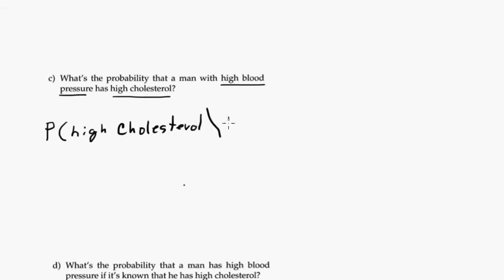Alright, let's look at part C. What's the probability that a man with high blood pressure has high cholesterol? Here you have to interpret this as a conditional probability. We want to know the probability of high cholesterol given that the person has high blood pressure.